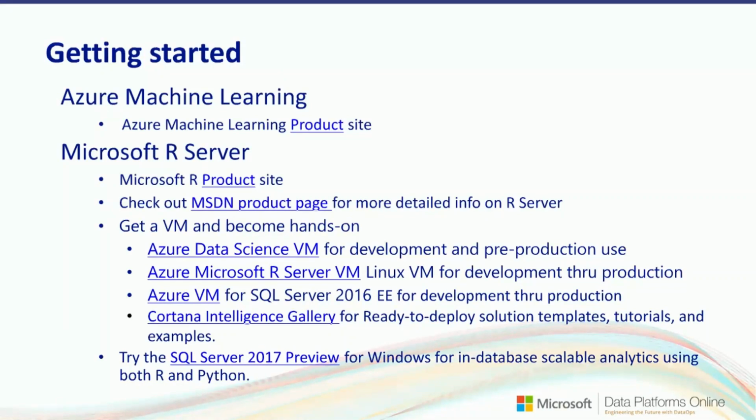Additionally, down at the bottom, you can click on the SQL Server 2017 preview and download that to install and look at the new functions that are available for Python in SQL Server 2017.